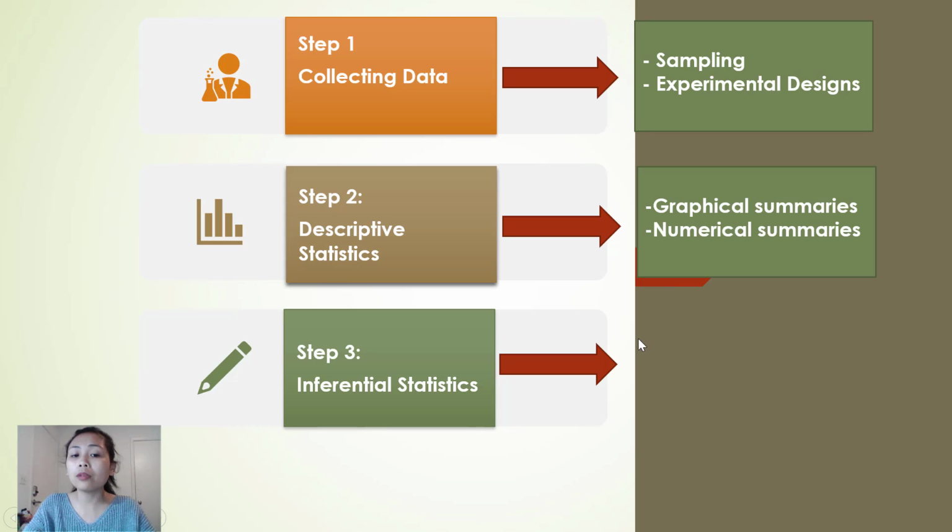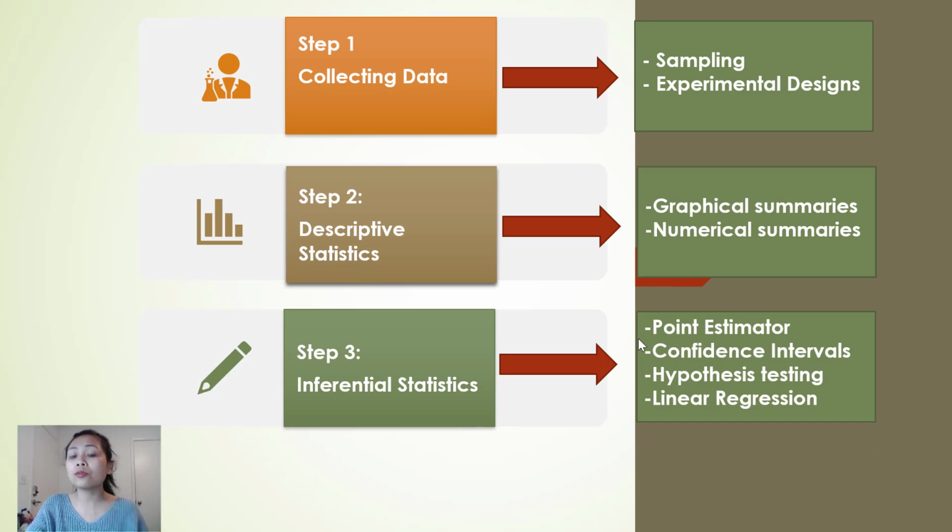The last step is working with the population. We use the summaries we got from the sample to make inferences for the population. In inferential statistics, we have point estimator, confidence interval, hypothesis testing, and linear regression. Next lesson, we are going to talk about graphical summaries, which is chapter 2, lesson 2, and numerical summary is lesson 3.